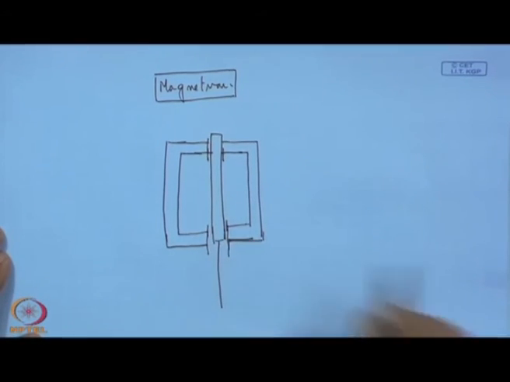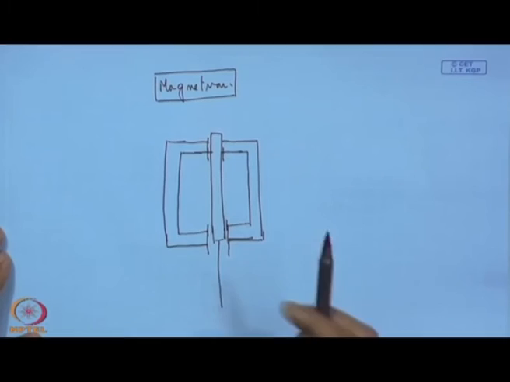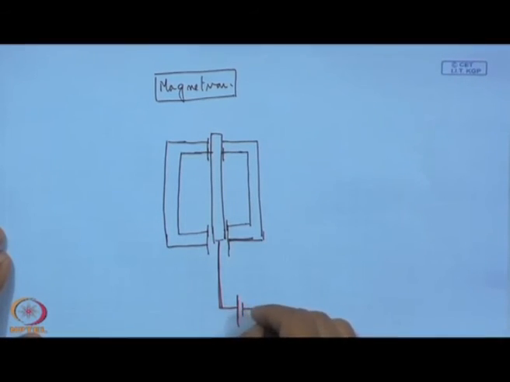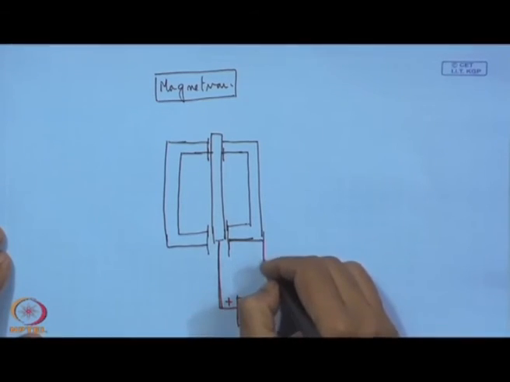So, this is connected to positive, with a power supply, and this side is grounded, and this cathode is actually grounded.